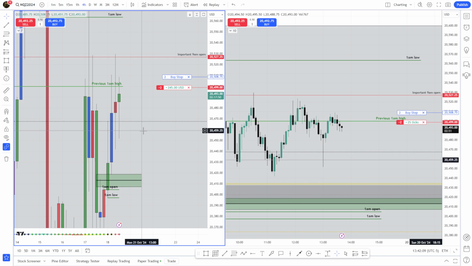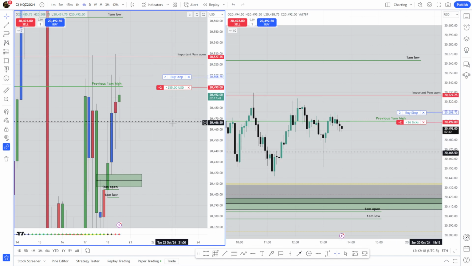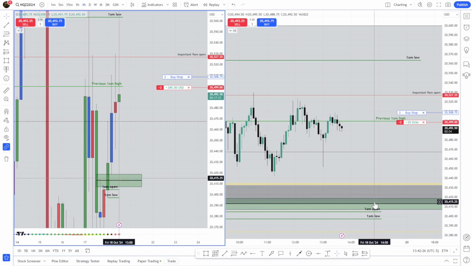And again, what do we got? We got a nine handle buy stop right now. So we're really not risking a lot for the possibility of 80 handles. So we're just below a 1 to 10 RR. So we're like a 1 to 9 RR about.